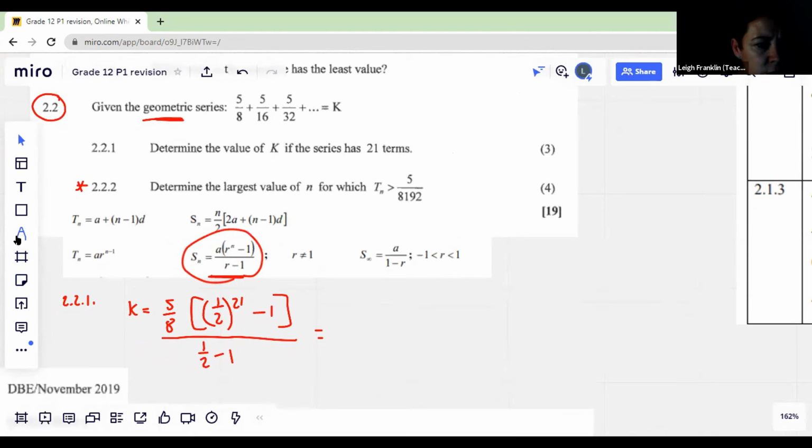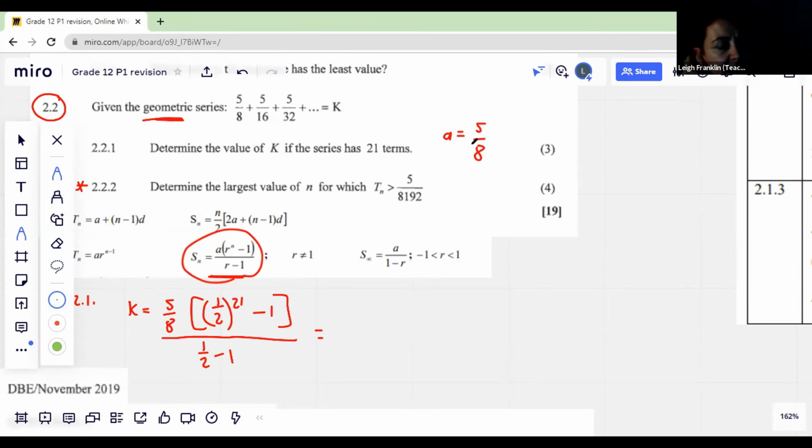Do you need me to get you started, or are you confident? So I'm just writing this down. A is equal to 5/8. And for this particular question, R was equal to 1/2.